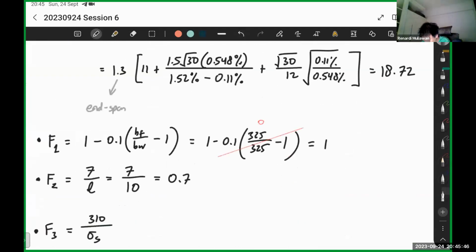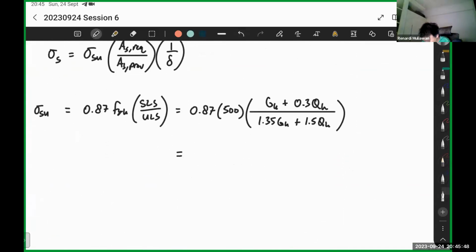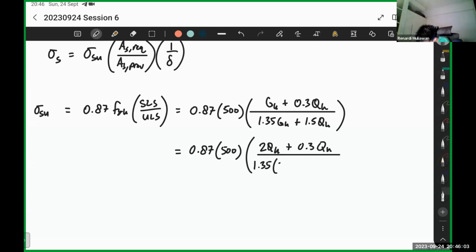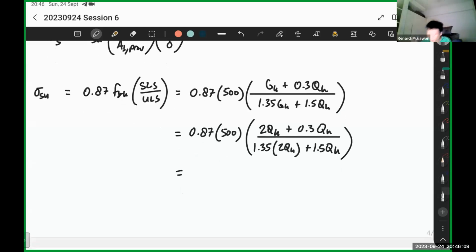So we just substitute everything. So 0.87 times 500, times 2 QK plus 0.3 QK, divided by 1.35 times 2 QK plus 1.5 QK. If you notice, the QK will eventually cancel each other.